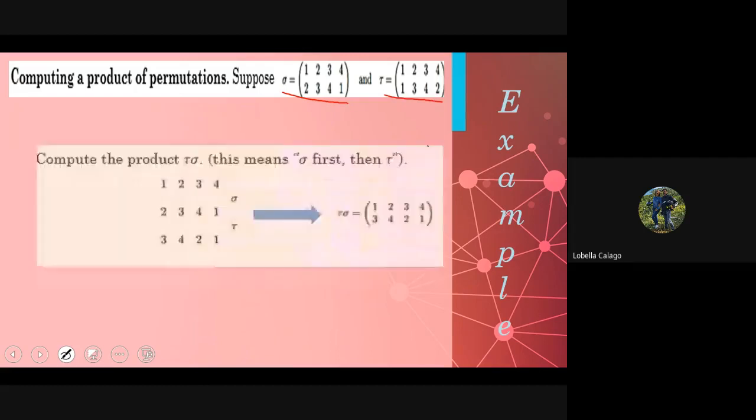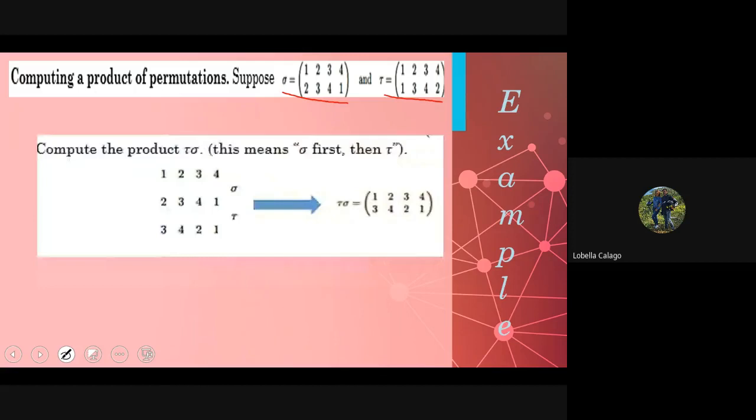So, suppose meron tayong ganito, no? Yung isa, and ito. Okay? So, i-compute natin the product of this one. Pag sinabing, get the product of theta P and omega, ibig sabihin, yung dulo po, yun po yung unahin.